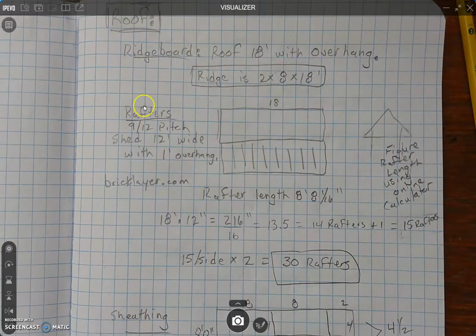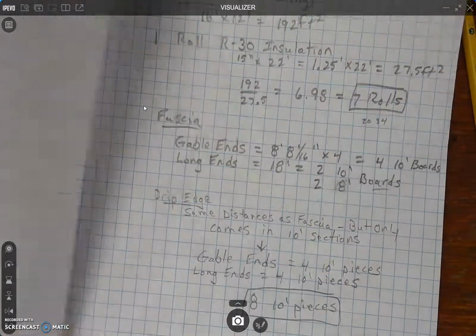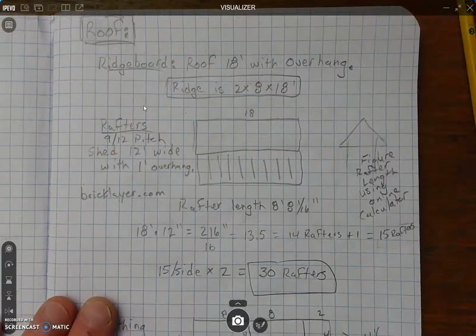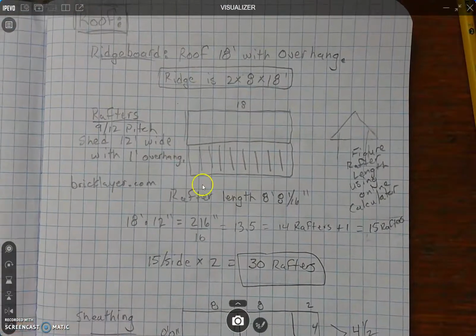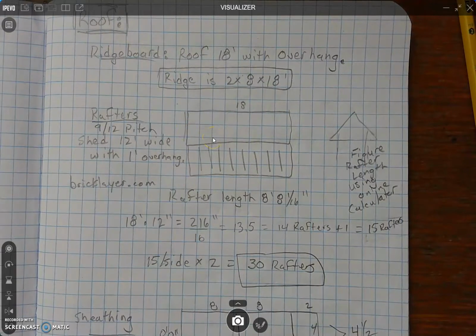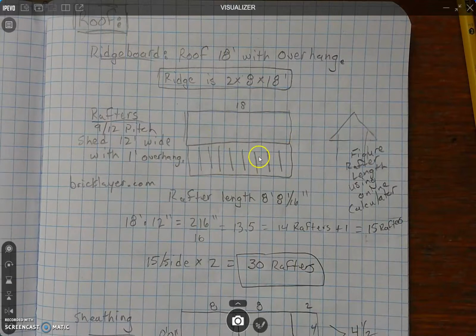So what we have left here is the roof, and the different elements of that roof. The first thing is we have a gable roof. Again, you should all know what a gable roof is. We've covered that. And on that roof, because it's a gable roof, we have two sides.